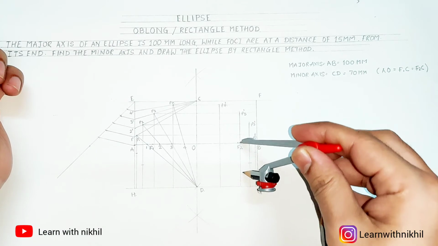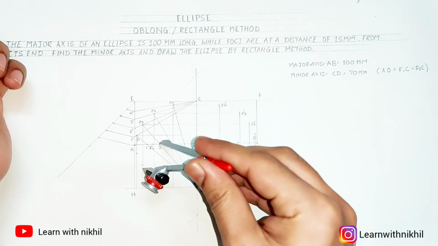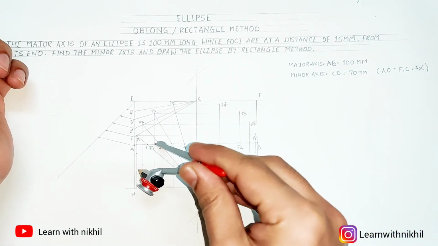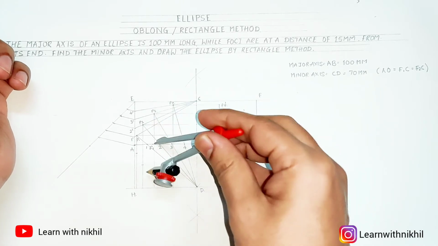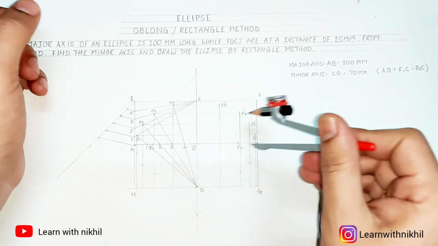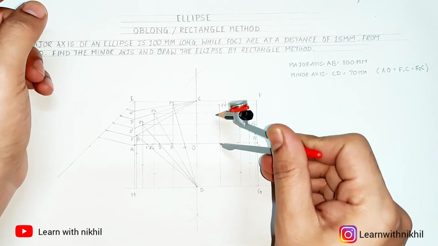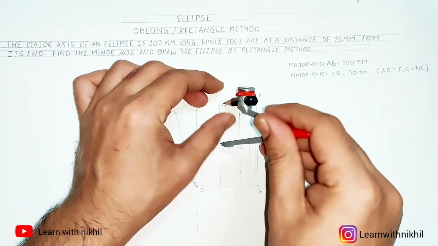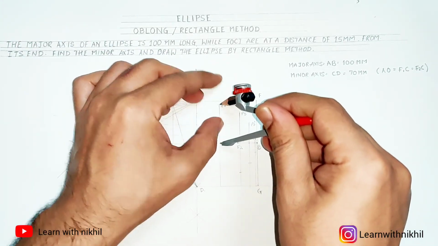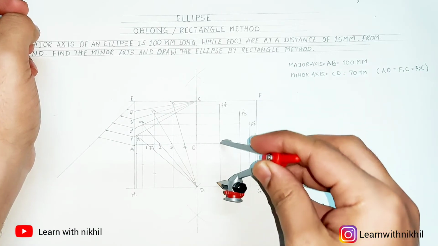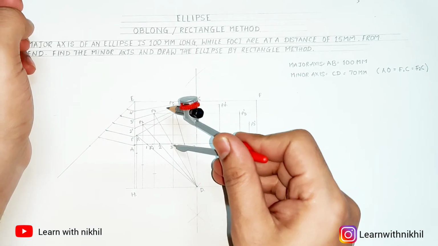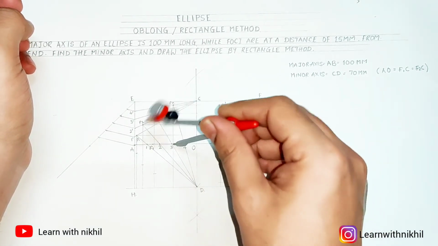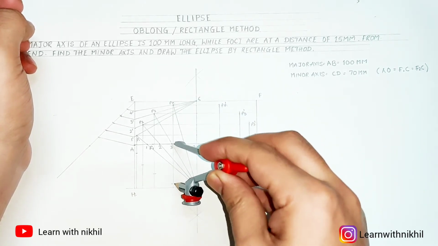This distance, bottom side mark it. Same do it here, as this distance is same. Then finally this last point, this distance, and mark it below. P4, mark it below.